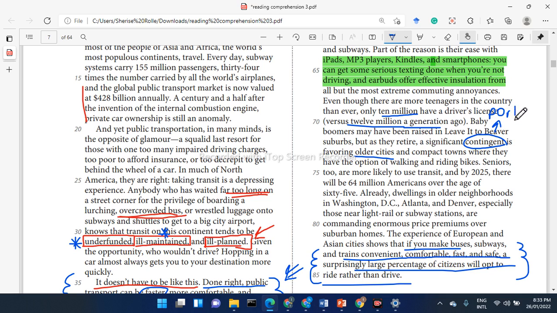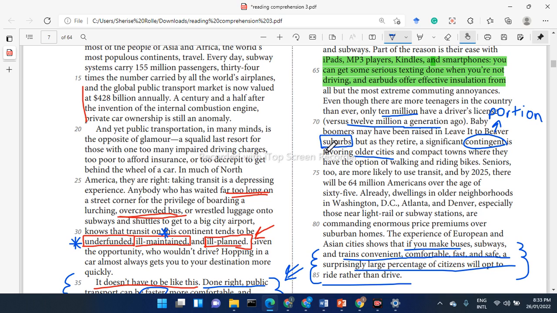Anyone else with a vocabulary word from this? What do you mean by suburbs?